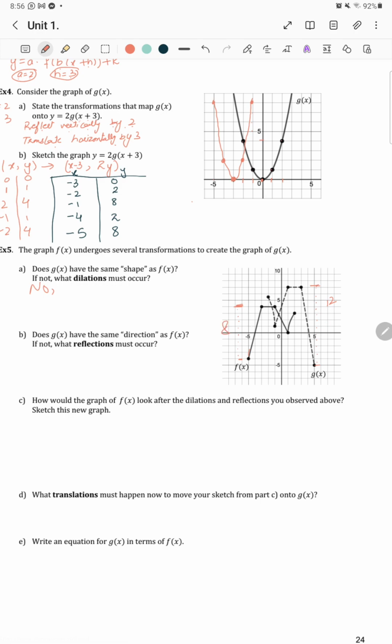So it is vertically dilated by 12 by 8, which is equal to 3 by 2. Does g of x have the same direction as f of x? If not, what reflections must occur? It is reflected over the y-axis.